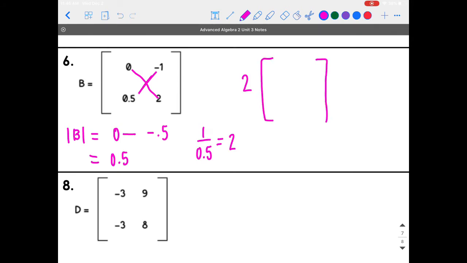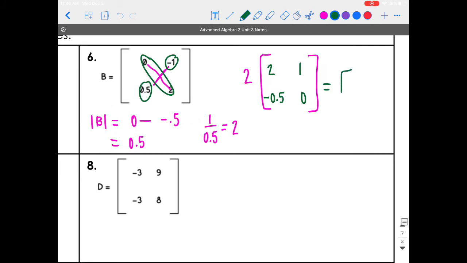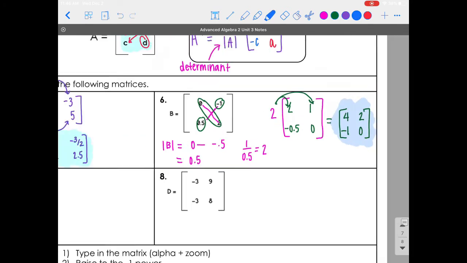If you don't know that, that's fine. You can type that in your calculator. But 1 divided by 1/2 is 2. Okay, then our A and D switch places, so the 2 and the 0 switch. This 1 becomes a positive, this becomes a negative. And now we're going to distribute that 2 across. 4, 2, negative 1, 0. And this is our final answer.